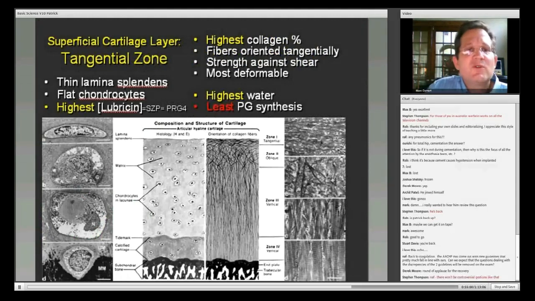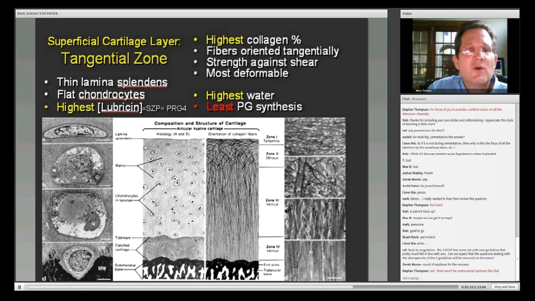The superficial cartilage layer, or the tangential zone, is the one closest to the synovial fluid. It's covered with the thin lamina splendens. It is characterized by flat chondrocytes, and it has the highest concentration of lubricin, superficial zone protein, and proteoglycan 4. It also has the highest collagen percentage, and the fibers of that collagen are oriented tangentially to provide strength against shear.